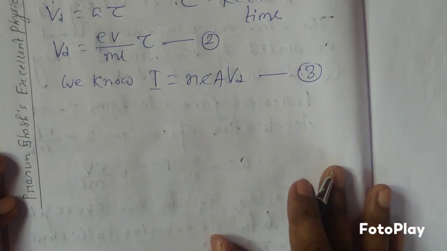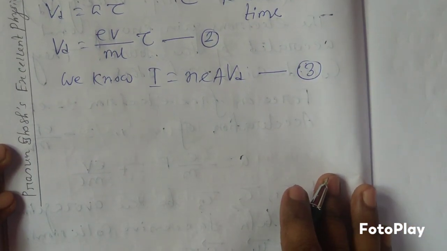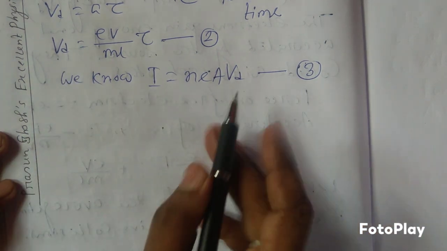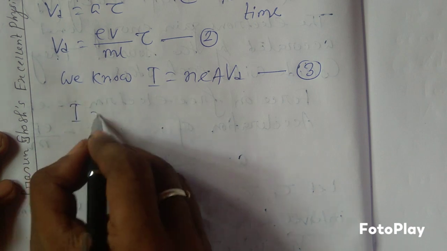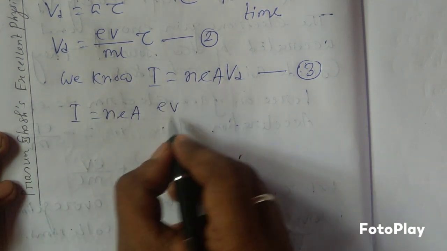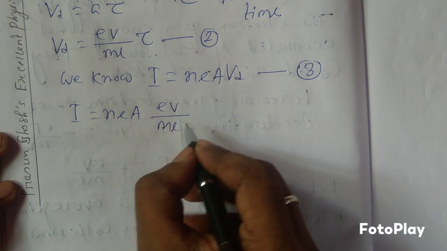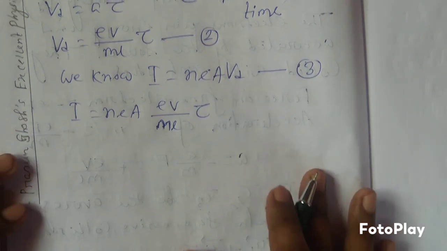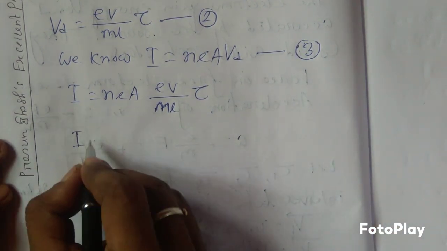This is equation number 3. So putting the value of Vd in equation 3, we get I equal to NEA, E into V by ml, into tau.